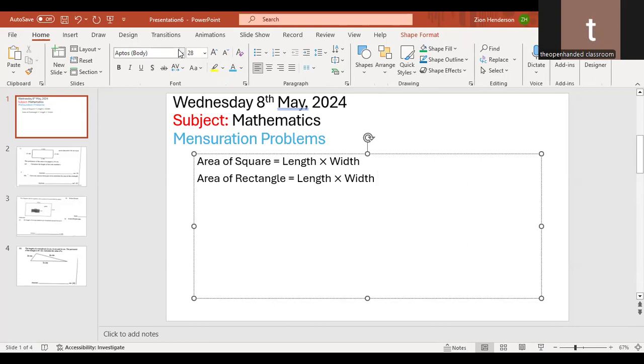What's the area of a circle? Pi r squared. Very good.